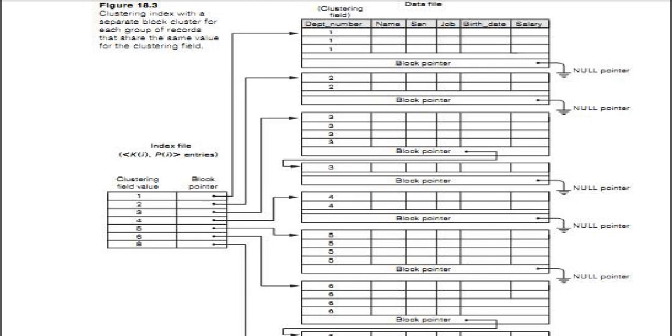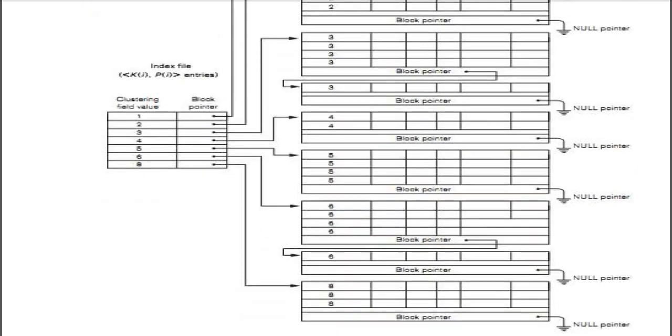It's similar to primary indexing, but here a non-key attribute is used, and because of the non-key attribute duplicate values may be there, hence the values are clustered here. The clustered blocks are kept together, and the corresponding value is used in the index file. So this is your clustered index, right?